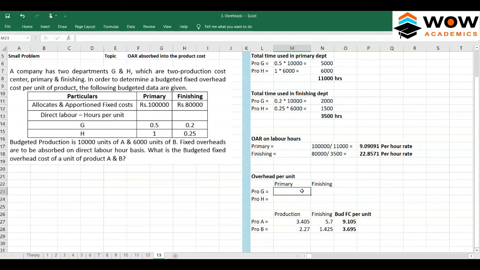So it takes 9.09 per hour rate and G is using 0.5 hours in primary department, and G incurs a cost of 22.85 in the finishing and it takes a time of 0.2.